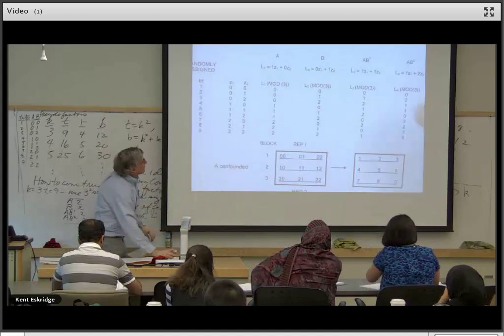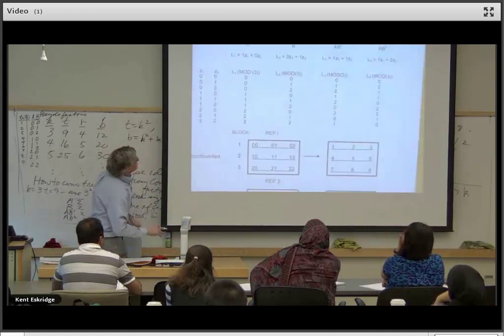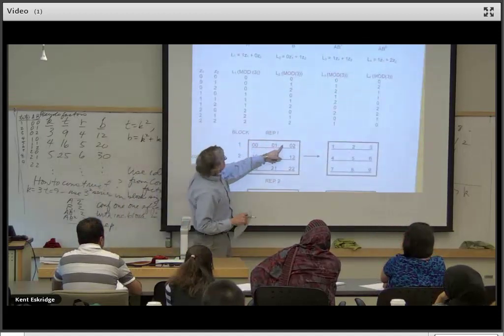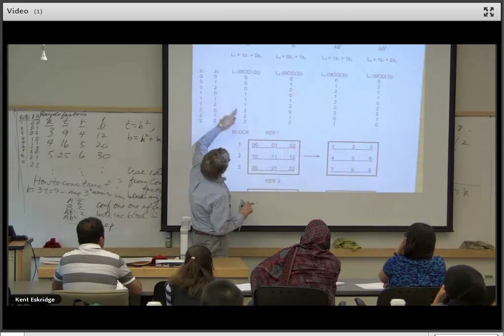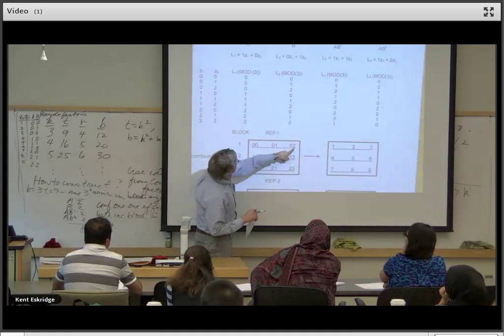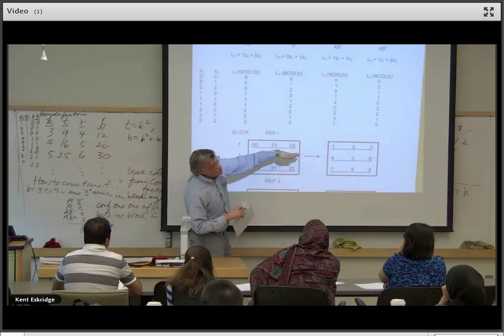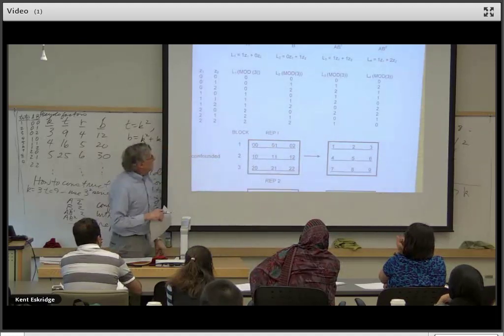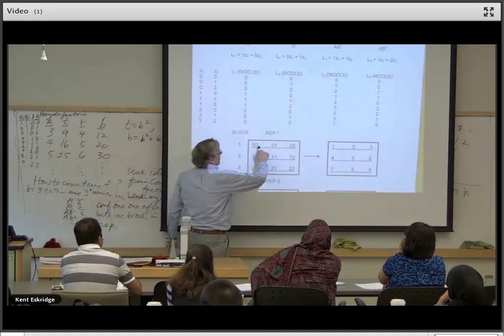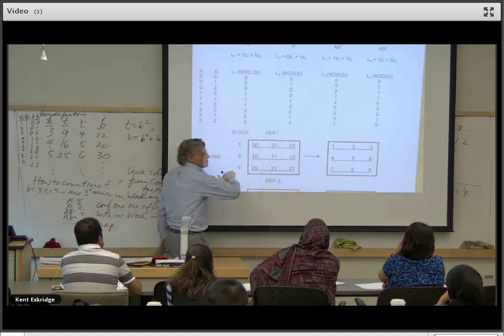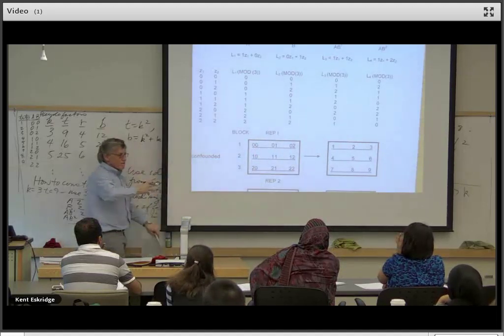So for rep 1, here are 0,0, 0,1, 0,2. There they are, and the blocks are going horizontally now. Once I get that rep, these numbers don't mean anything. I'm just using them to decide which treatments go to which block.